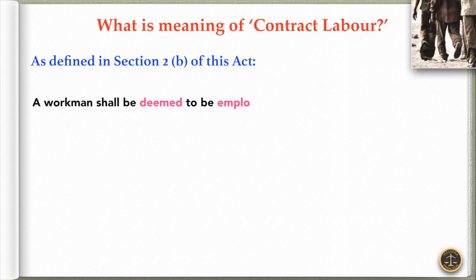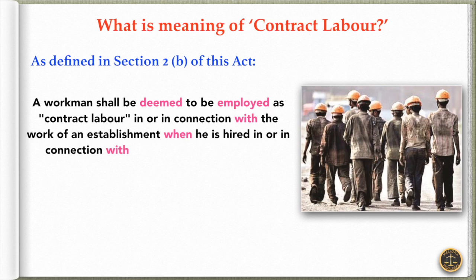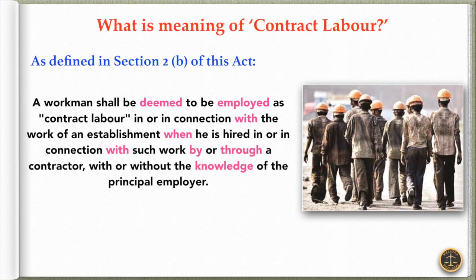A workman shall be deemed to be employed as contract labor in or in connection with the work of an establishment when he is hired in or in connection with such work by or through a contractor, with or without the knowledge of the principal employer. It means contract laborers are employed by or through an intermediary on work of any establishment.